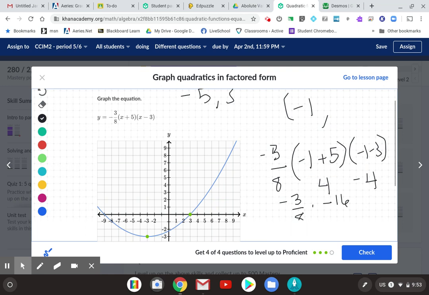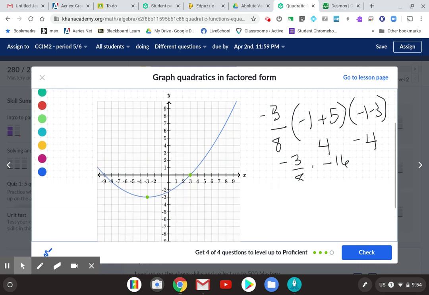So I'm going to go -3 times 16 negative, and then I'm just going to divide it by 8, and that's going to give me 6. So I know this one needs to be at (-1, +6).